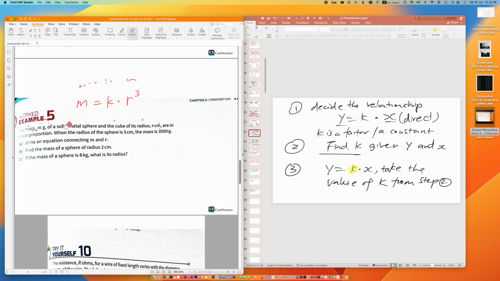Then continue to follow the steps. Yeah, try to sit here first.